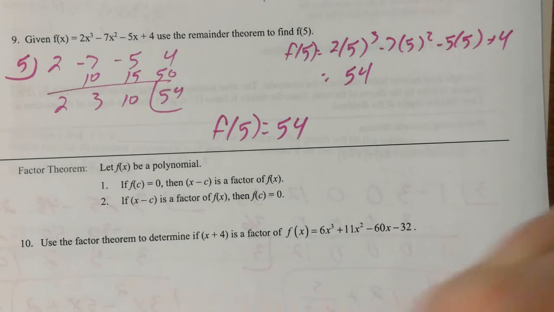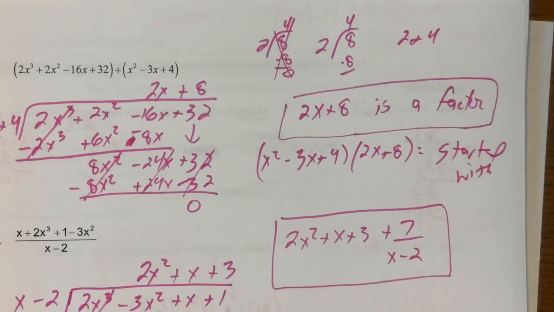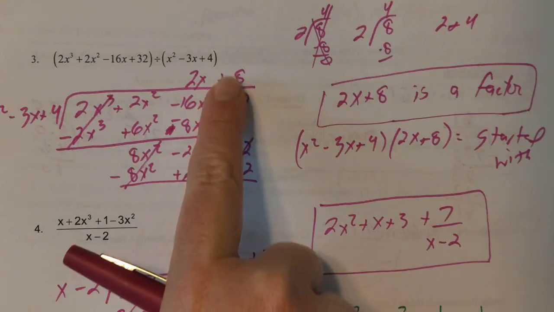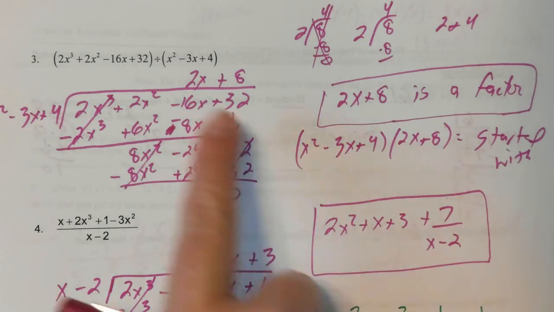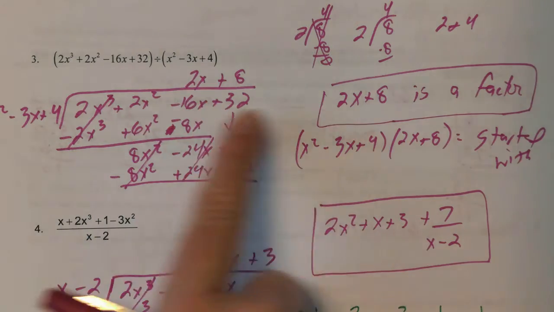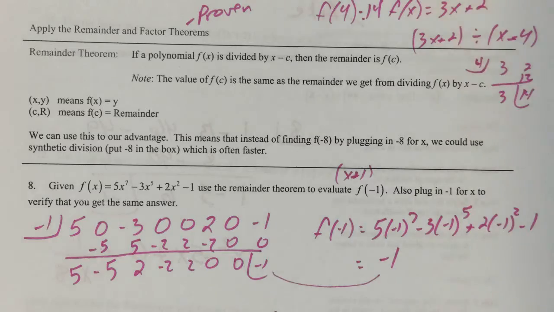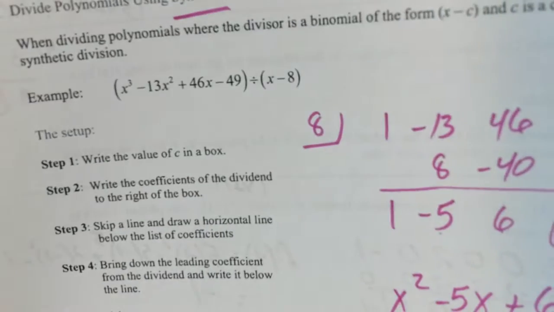So, back over here on this number 3 from the earlier video. Well, that one wasn't a pretty one, but the remainder was 0. That meant that whatever we divided by, the 2x plus 8 or the x squared minus 3x plus 4, those were factors. Okay? Where was another one that was a little bit nicer? Here we go. Number 7.